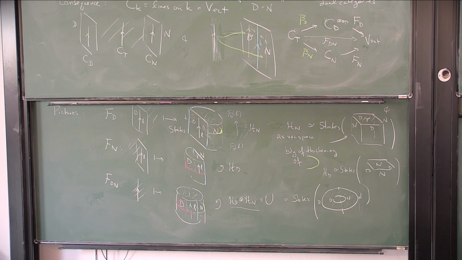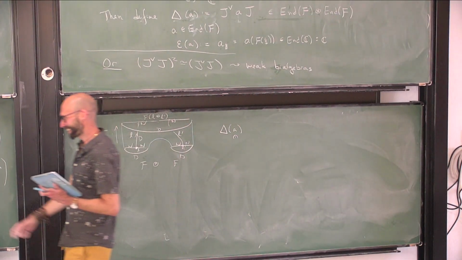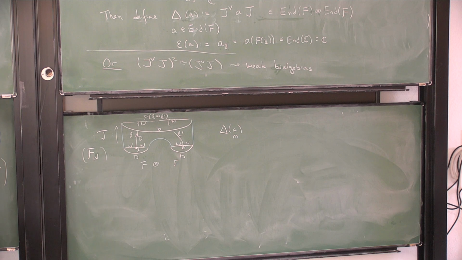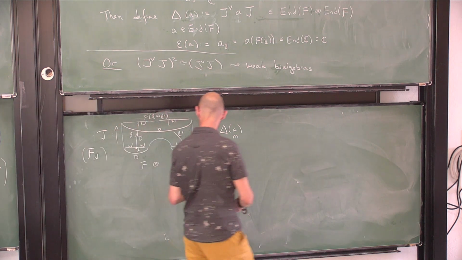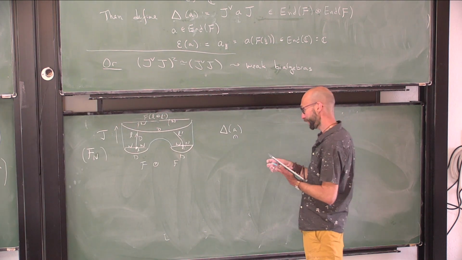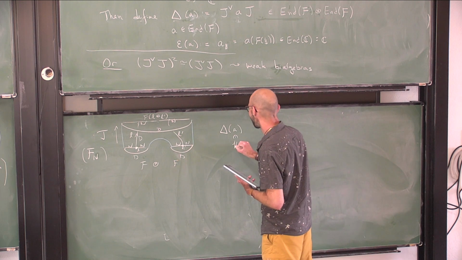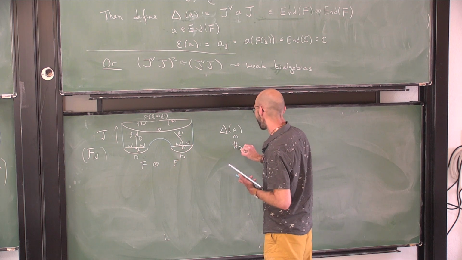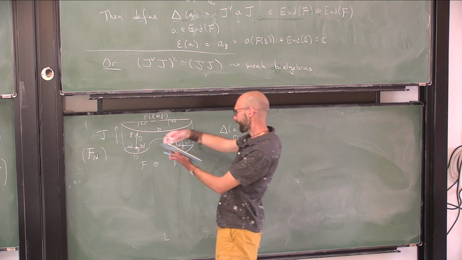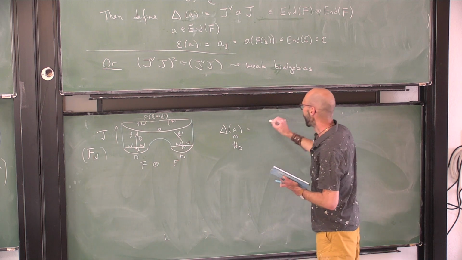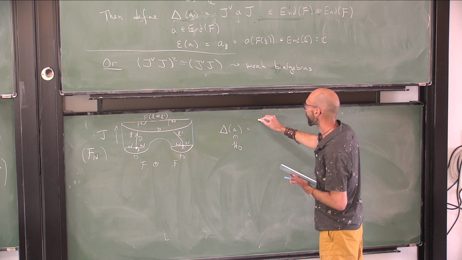So these are sparks. And the coproduct on a spark on n, on D, sitting on the outside, is going to be defined by a double pair of pants.